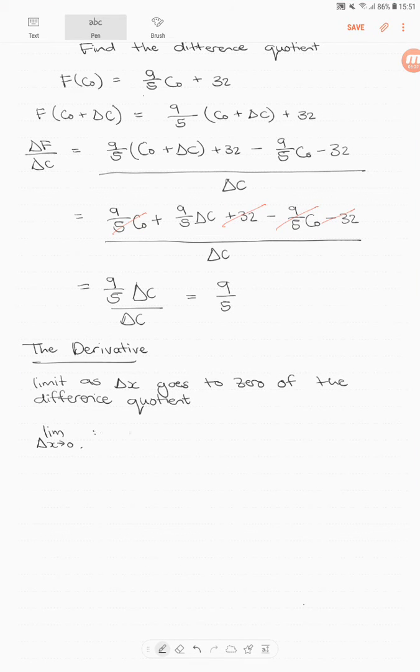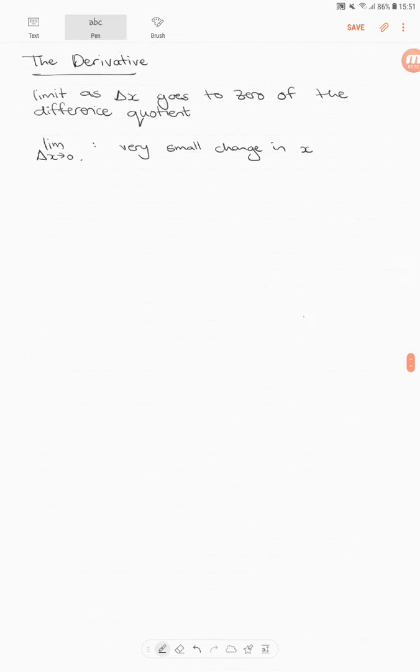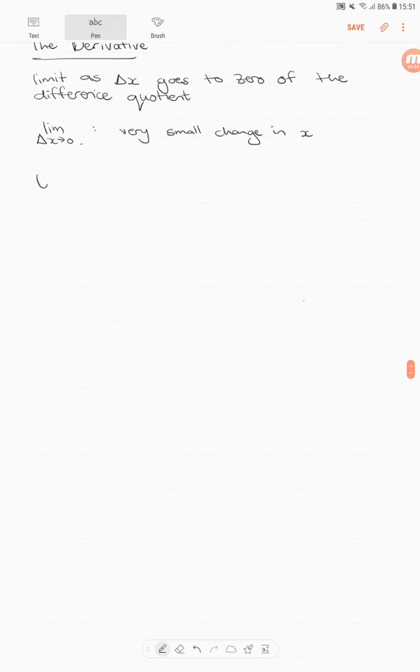This simply means a very small change in x. So if we look at an example, say we have the function y is a function of x, and it's specifically 6x squared plus 4x plus 12.